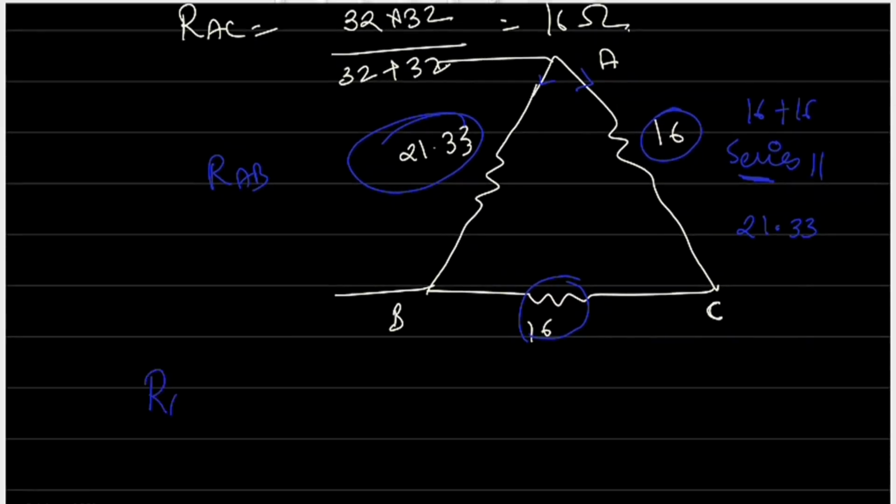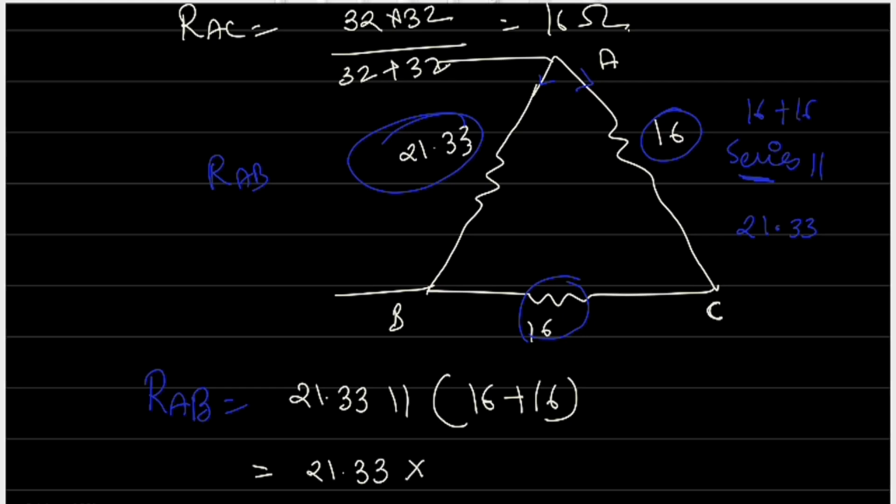So the resistance between terminal A and B is 21.33 parallel with the series combination of 16 and 16.